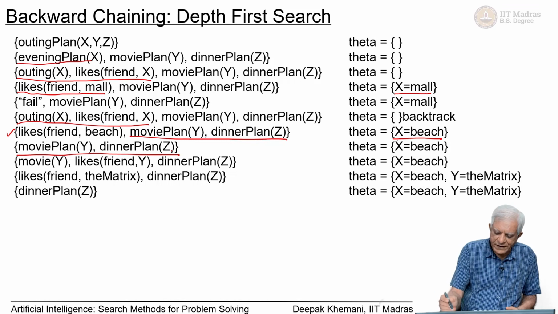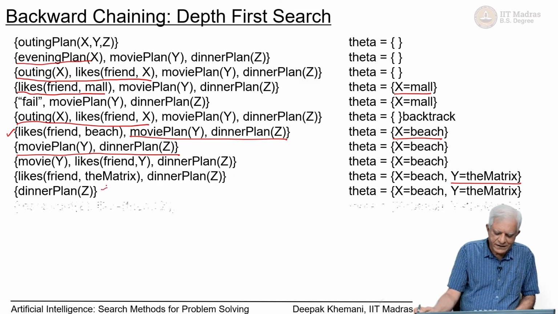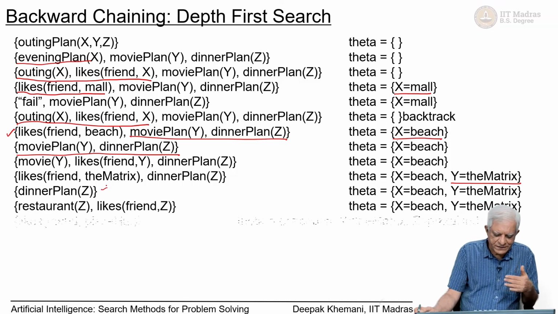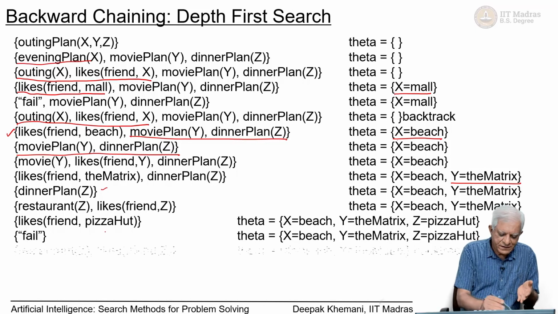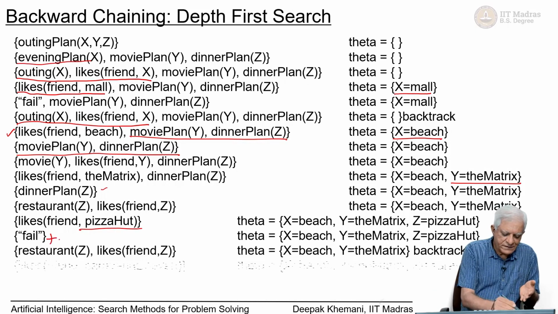So, next you try the movie as the matrix, and your friend likes matrix. So, that is fine. So, now you are only left with the dinner plan to worry about, and then you try out the different options. First you try the Pizza Hut, but that fails.